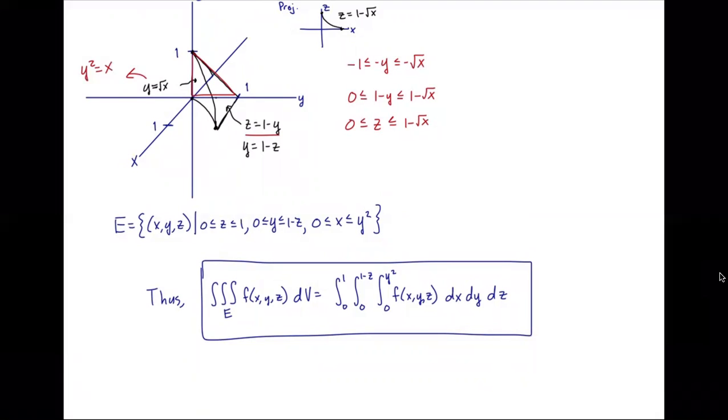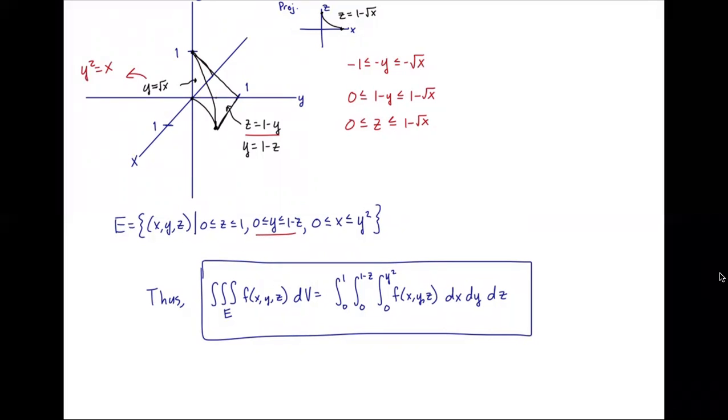That one's quite a bit more straightforward. Since y has to be next, we need to find bounds for y. Well, y travels between 0 and 1 minus z. Those are all the values that y ranges along. Now that being the case, we write it in. It's nice and straightforward.